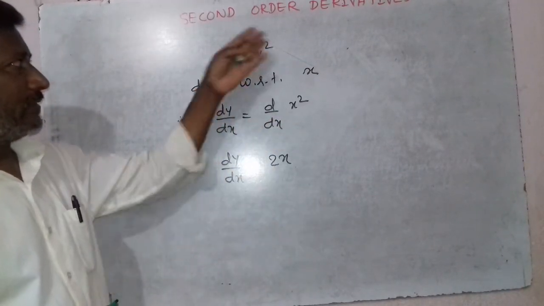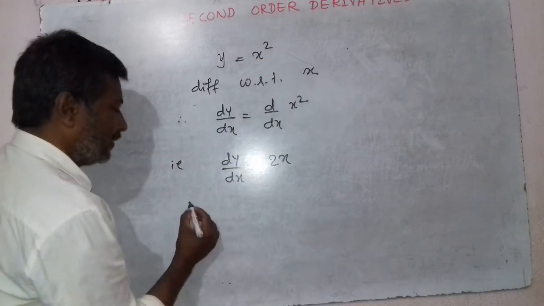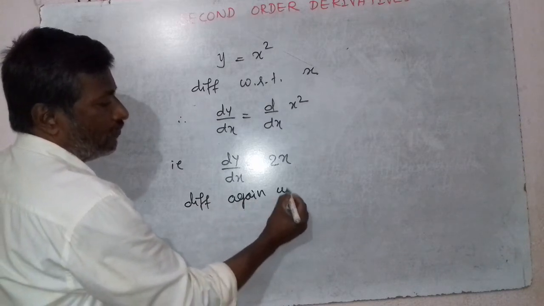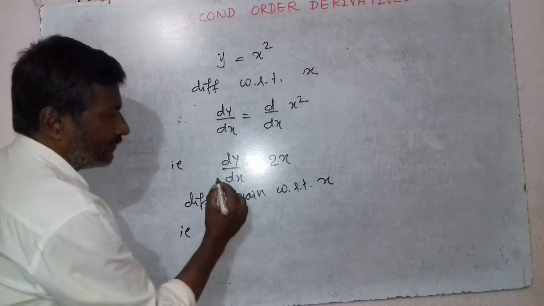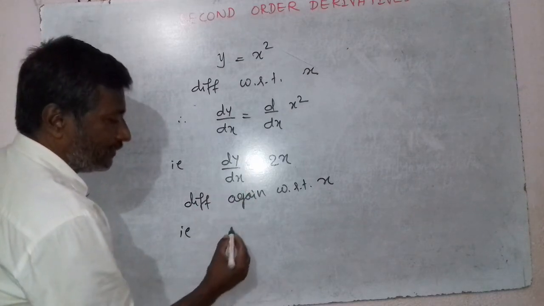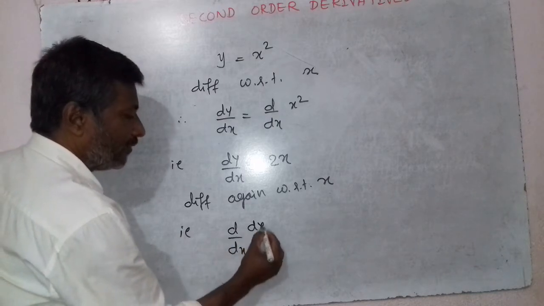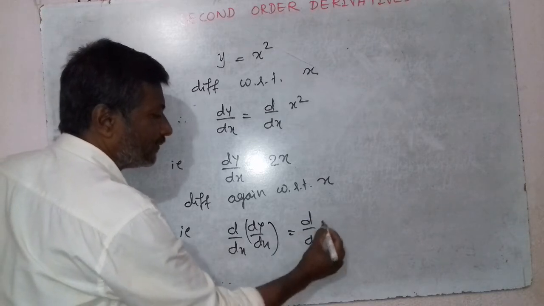Now to find the second order derivative we have to differentiate once again. Differentiate again with respect to x, that is, d by dx of dy upon dx equal to d by dx of 2x.